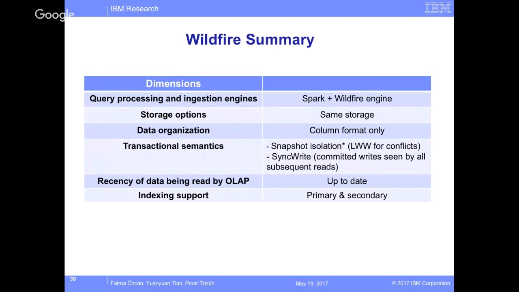The application has to call sync write. Then all the previous writes are guaranteed to be synced, and from then on, all the reads will see the committed writes. In the other case, if you have a network partition, there might be some updates that you don't see yet, whereas sync write waits for all those things.